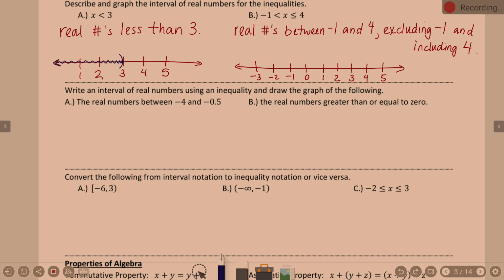Parenthesis from -1 to the right, and a closed circle. Except I'm not using a closed circle, a bracket. So yes, it would be an open circle and a closed circle in any inequality notation. But if we go for parentheses and brackets, it's going to be as such.